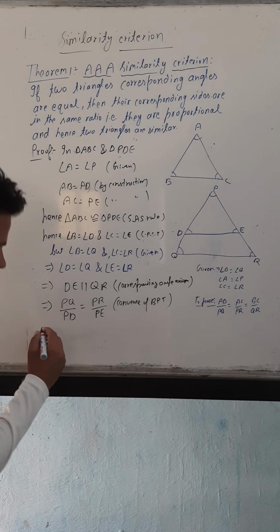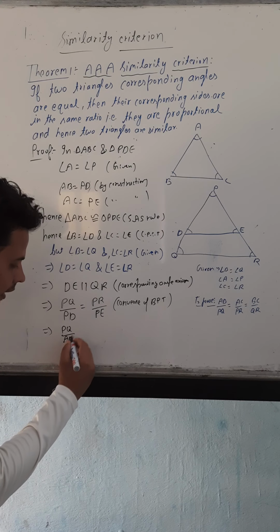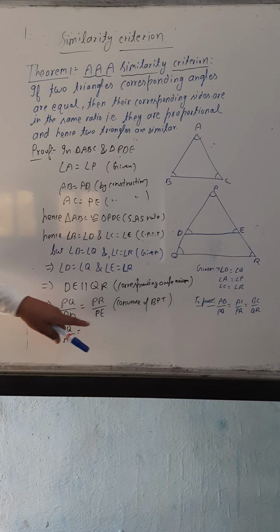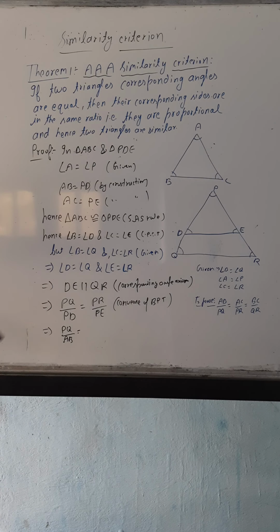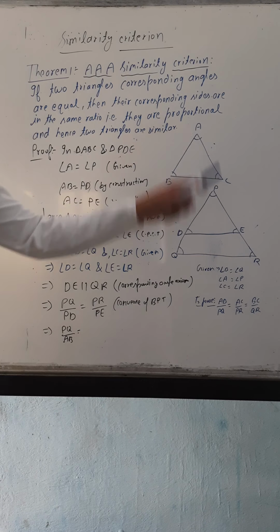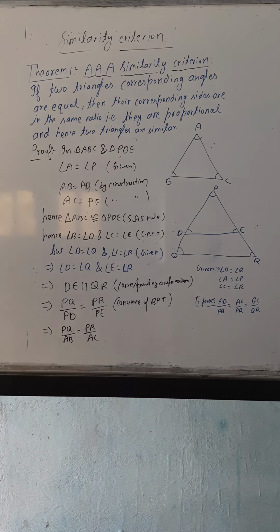So right here, it implies PQ by AB equals to, and PE is equal to how much? PE is equal to AC. So right here, PR by AC. Okay? Are you getting this or not?